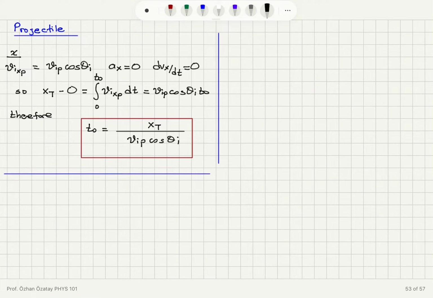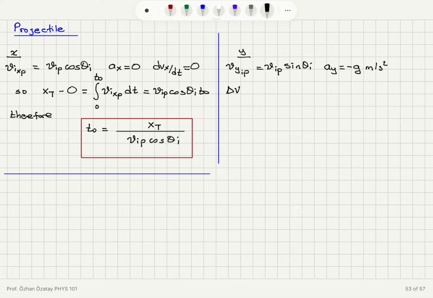Now for the y component, I have an initial y component of the velocity, which is the initial velocity magnitude multiplied with sine theta initial. On this axis, I also have an acceleration which is minus g meters per second squared.